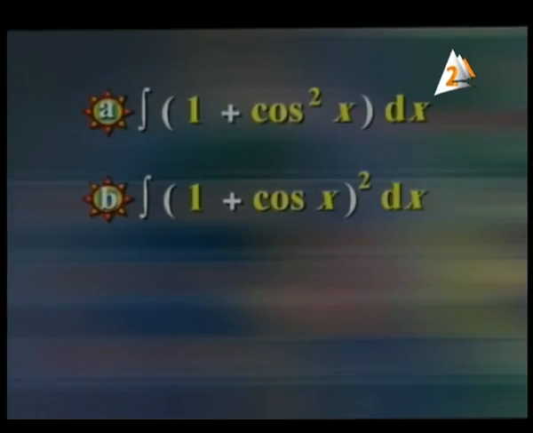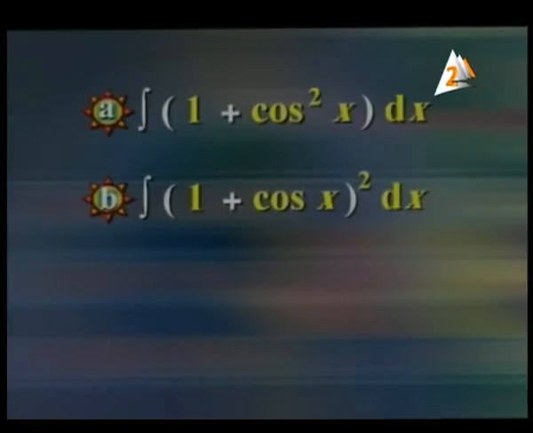Look at, dear student, what is the integration of 1 plus cosine squared x dx? Number B, what is the integration of the bracket containing 1 plus cosine x for all power 2 dx? This is the difference between the first example and the second example.